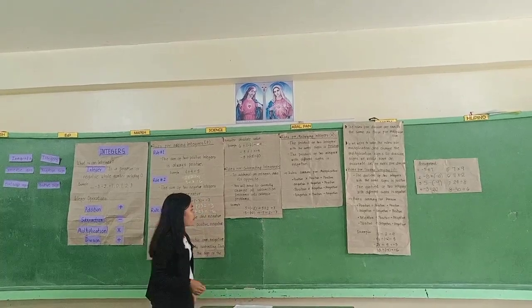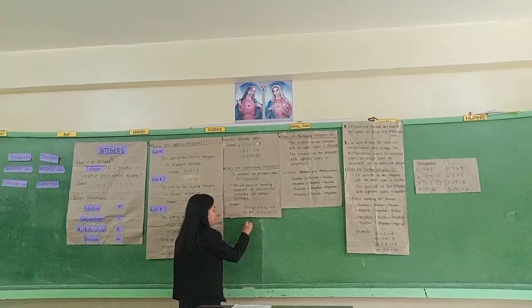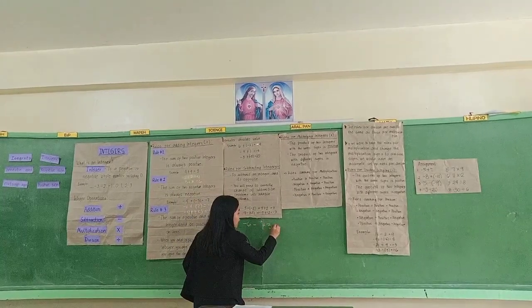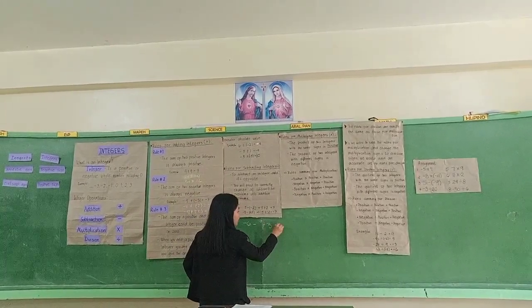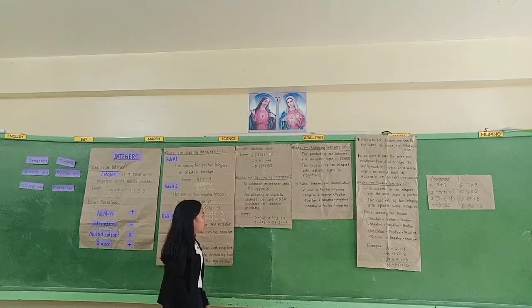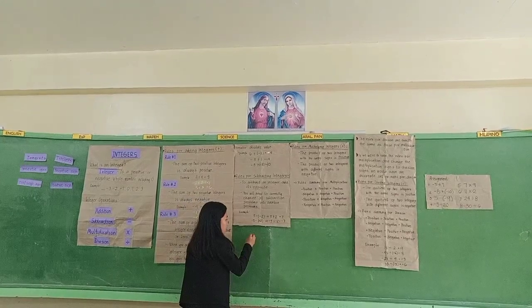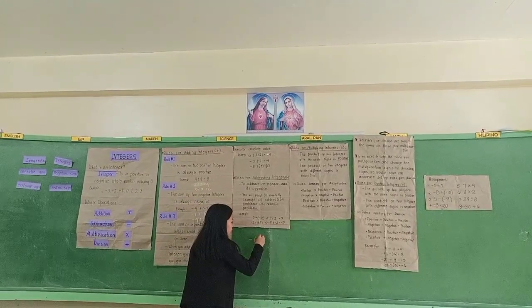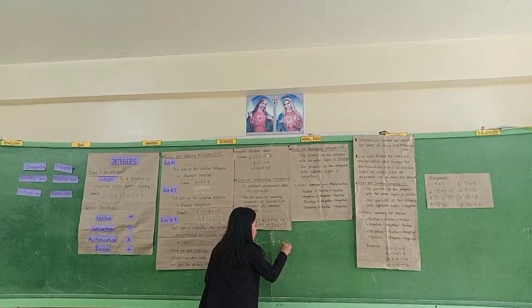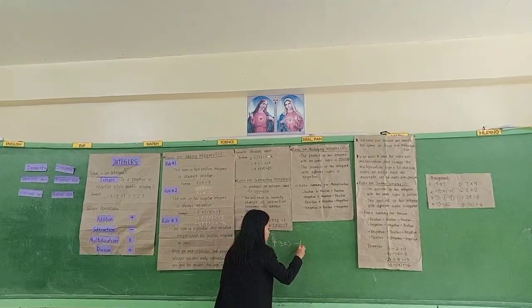Other examples: negative 6 minus positive 3 equals, we will change the operation. So let's copy negative 6.